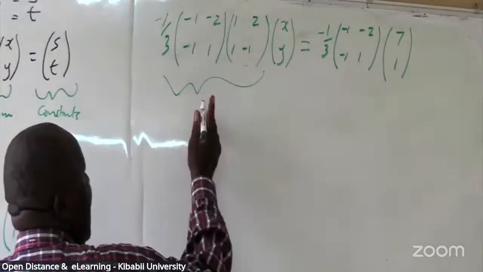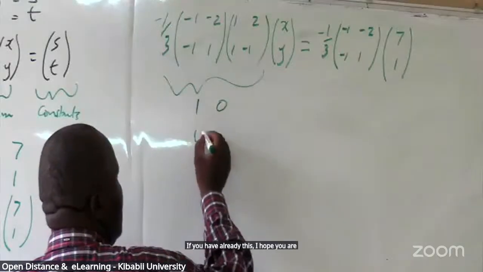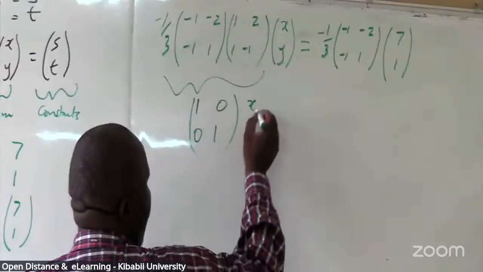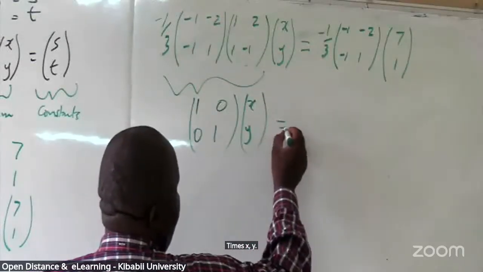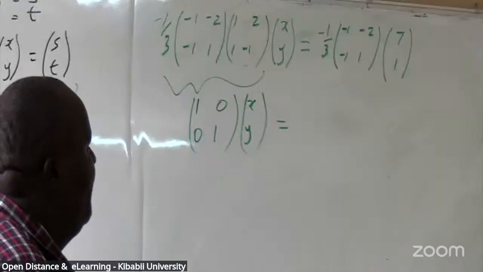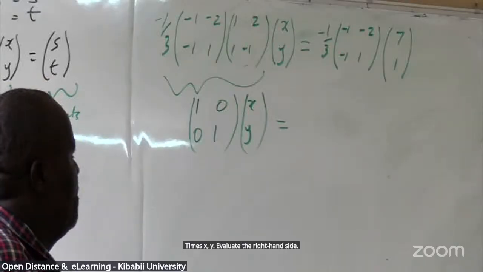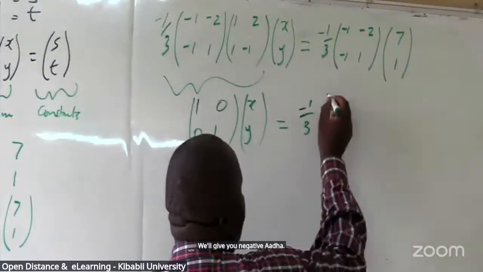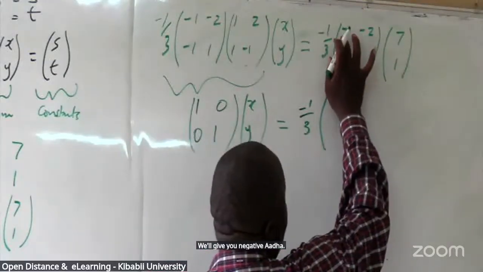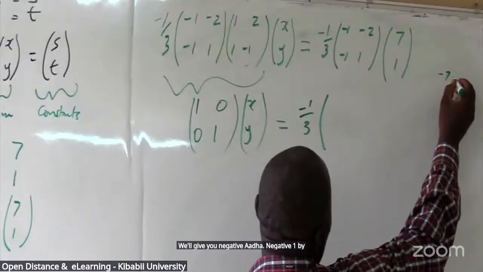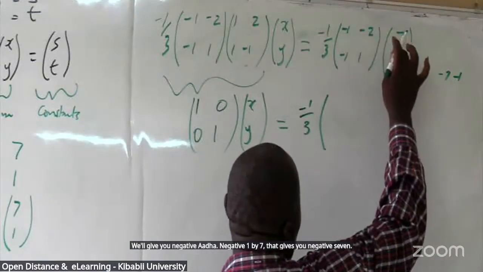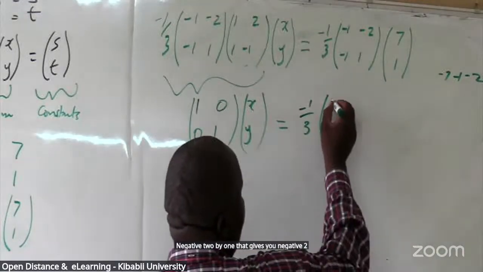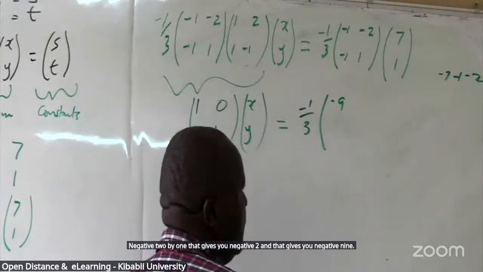If you evaluate this, I hope you are getting 1, 0, 0, 1 times x, y. Evaluate the right-hand side. Quickly, this will give you -1/3 times -1 by 7, that gives you -7, plus -2 by 1, that gives you -2, and that gives you -9.